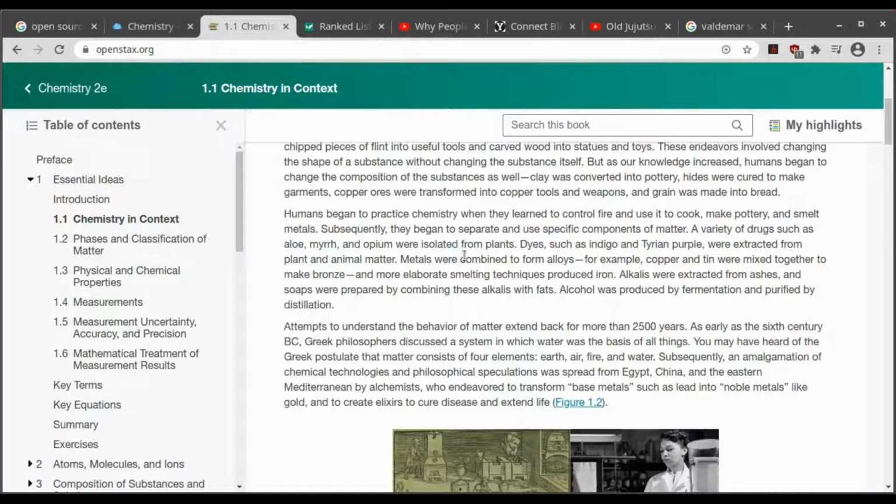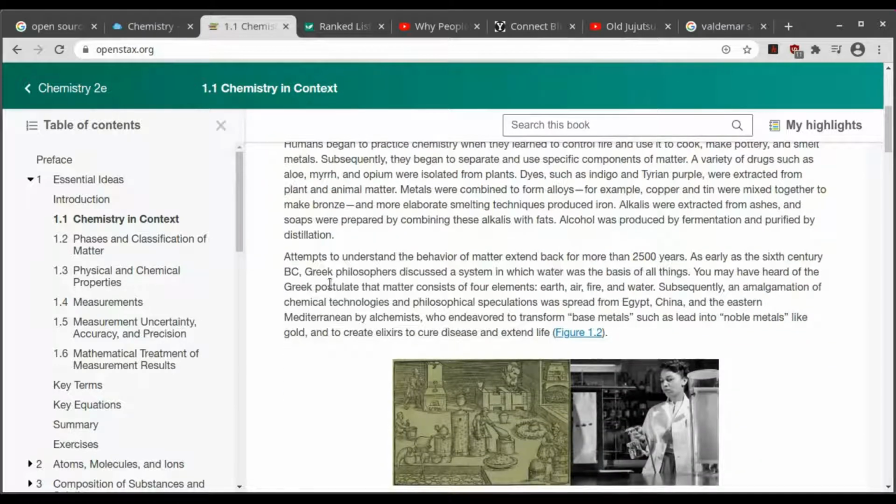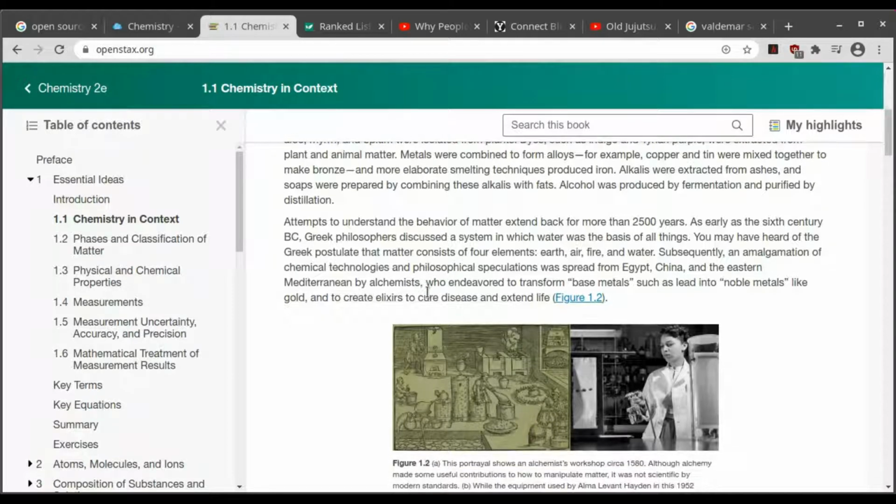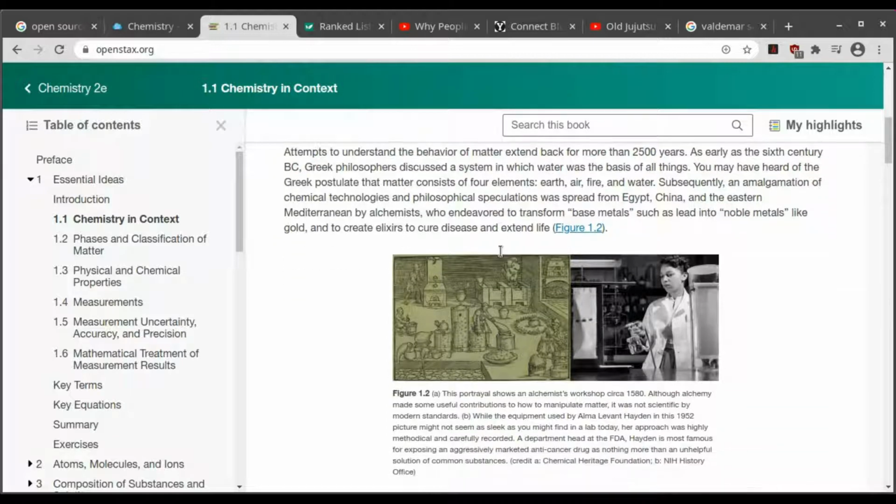And then it said you learn how to separate components of matter, learning how to make different drugs, learning how to make dyes and different things. We had the alchemists, learn about this in history, Greek philosophers. They were trying to turn lead into gold. They thought that the elements were earth, air, fire, and water.